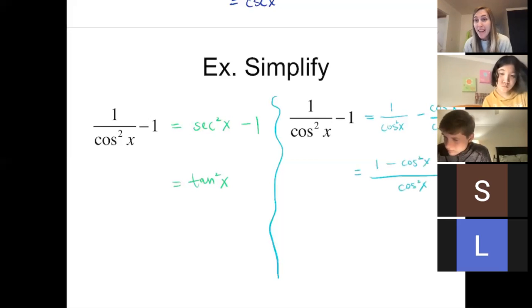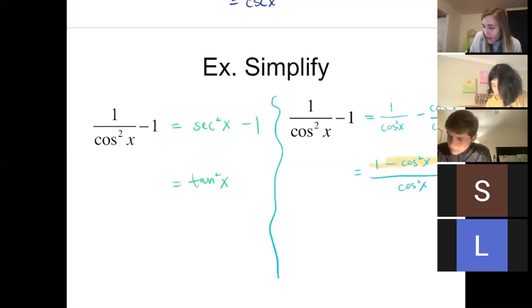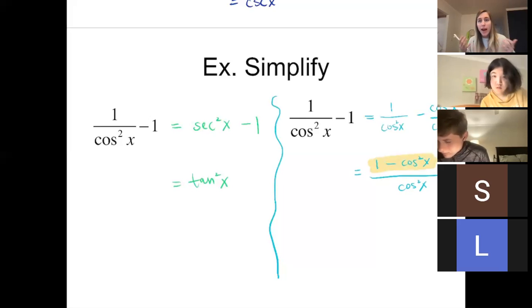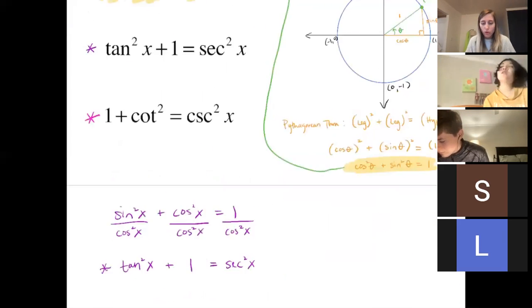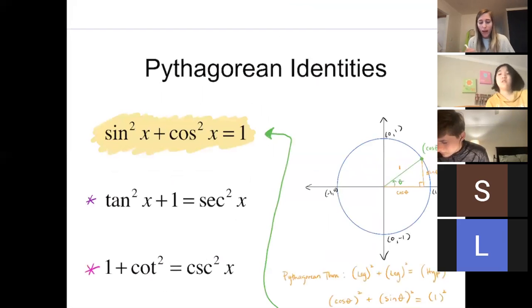You still have to think Pythagorean identities. In the numerator, there's a 1 and a cosine squared in there. That kind of reminds me of that first Pythagorean identity, if I scroll back up there. 1 minus cosine squared, we could get from subtracting cosine squared from each side of that first identity.